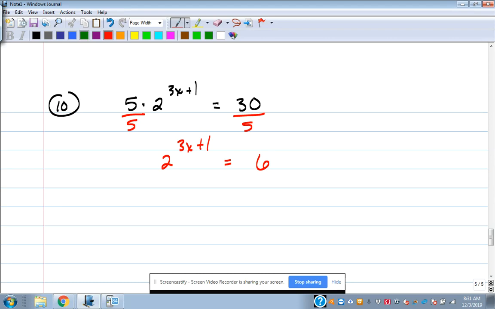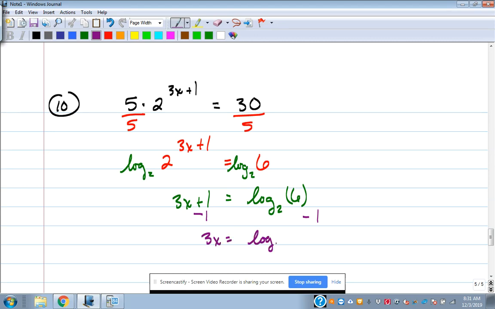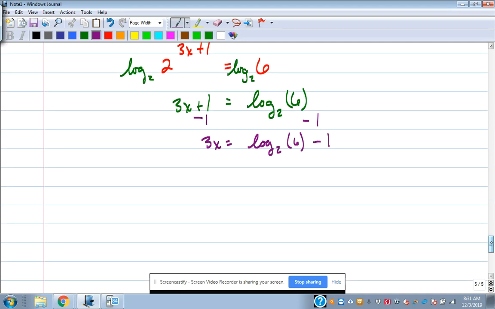So what do I do to solve this? Yeah, if I do log base 2, 3x plus 1 is equal to log base 2 of 6. And this is a lot like the previous one now. Minus 1. And then divide everybody by 3.